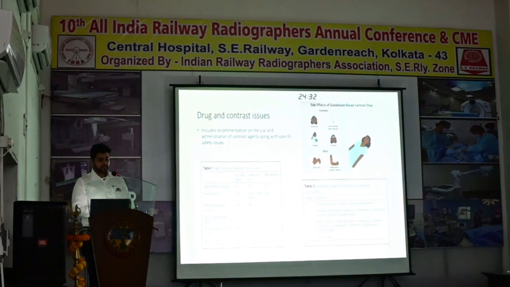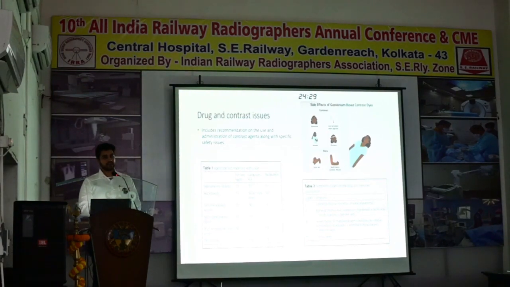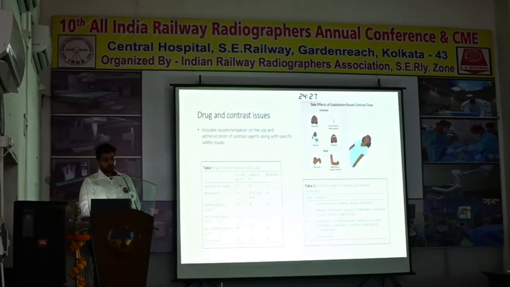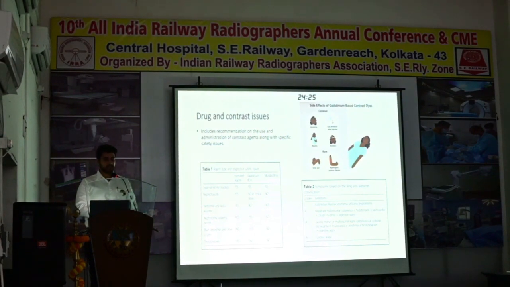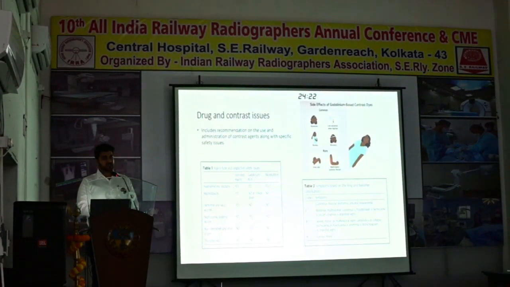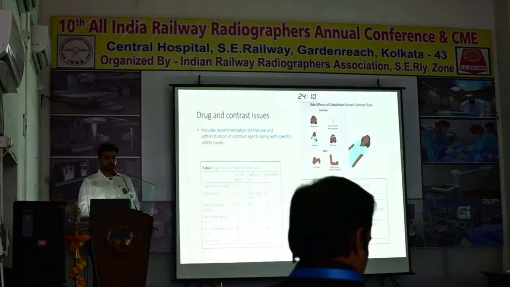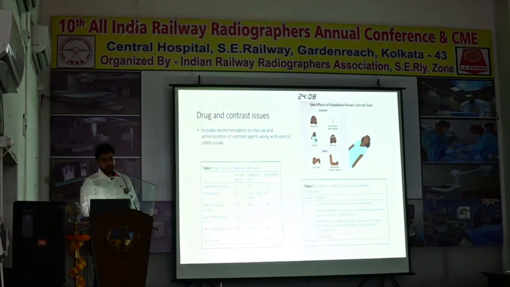Hypersensitivity reactions can be seen with all 3 kinds of agents, while nephrotoxicity is seen mostly with iodinated agents. In a diabetic patient on metformin where the eGFR is less than 30, we have to think about whether to withhold metformin and do the test, because iodinated contrast might cause a reaction and lactic acidosis.